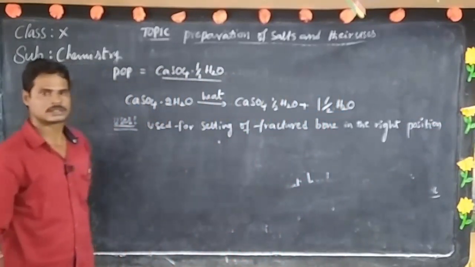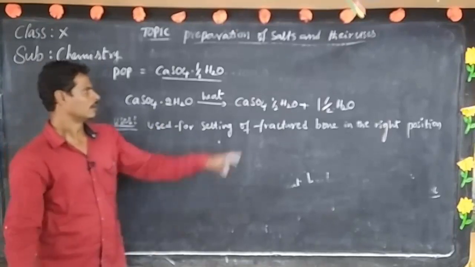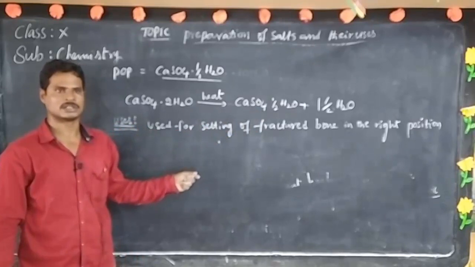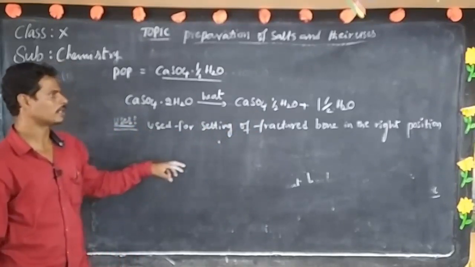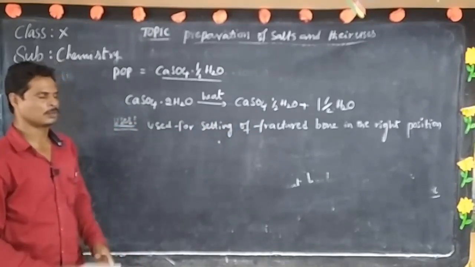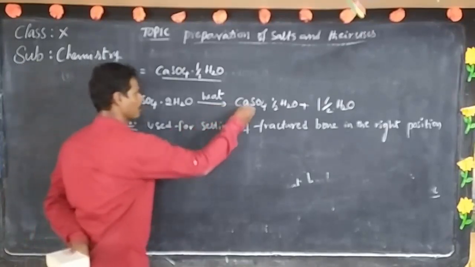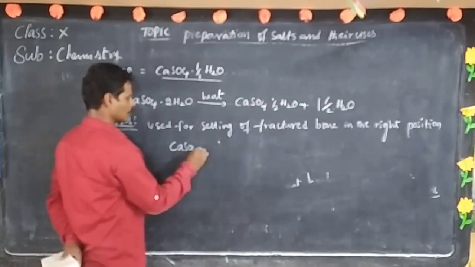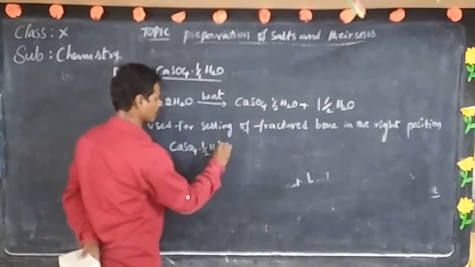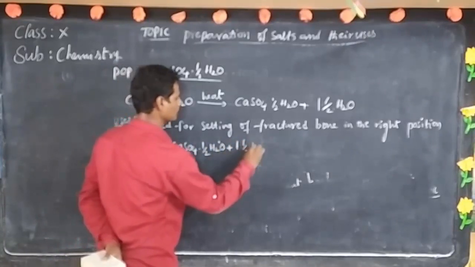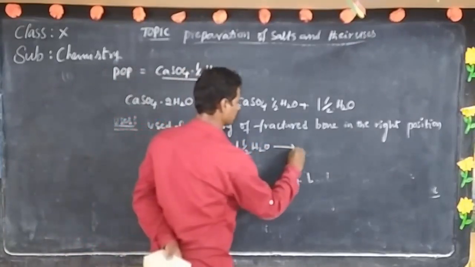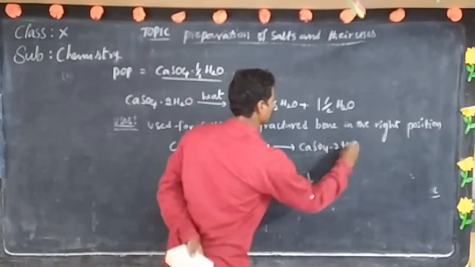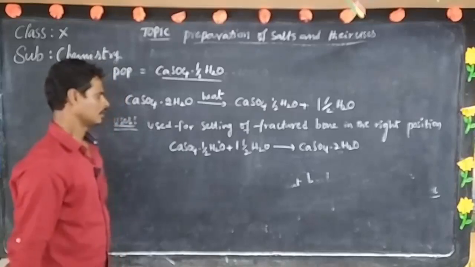Whenever plaster of Paris reacts with water, it forms a hard substance, and this hard substance is used for setting the fractured bone in the right position. Now again the reaction: calcium sulfate half water reacts with water to form gypsum again. It is the hardest substance.